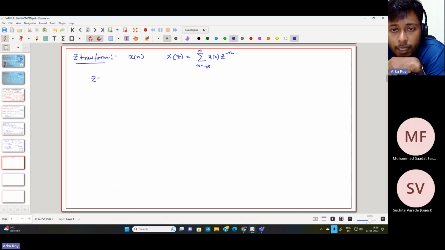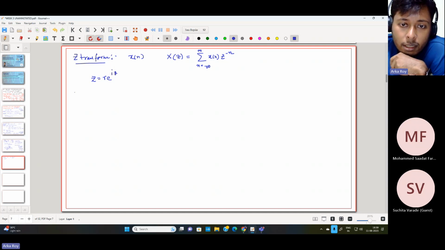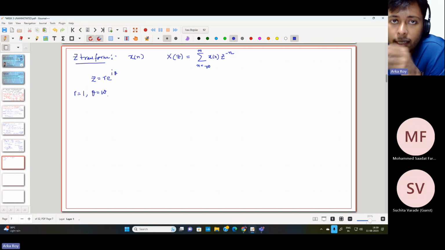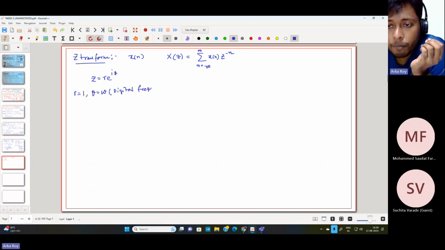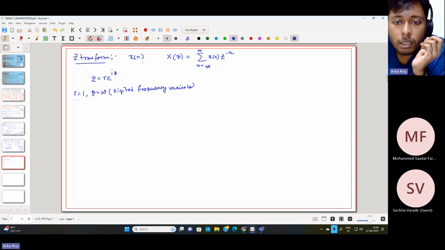Now Z we know is a complex variable, and in basic complex algebra we write z as r e to the power j theta. In this particular case, let us consider a special condition when r equals 1 and theta is replaced with the variable omega, the digital frequency variable. With this condition, z will be reduced to e to the power j omega.